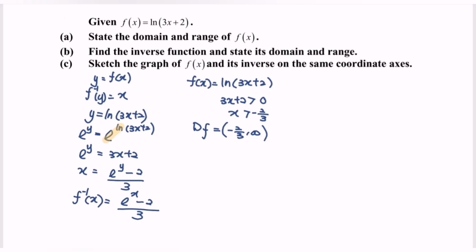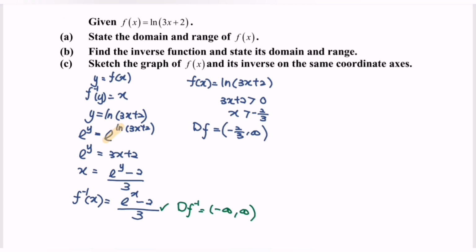Next, what we have to do is to find the domain for the f inverse. Kindly refer to the function. Given the situation is exponential, the domain for f inverse is negative infinity until infinity. If we understand the relationship between f and f inverse, they are inverse to each other.